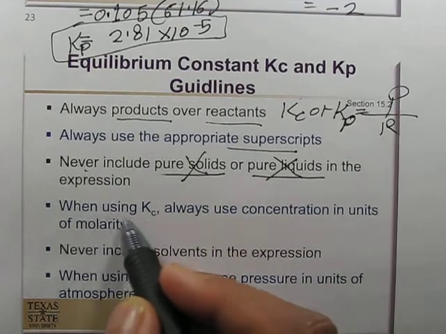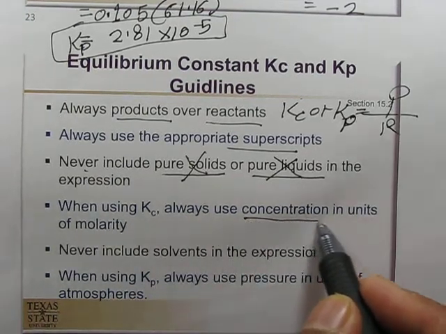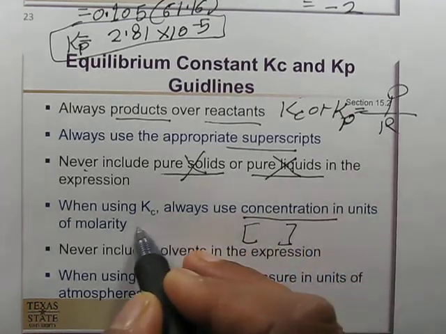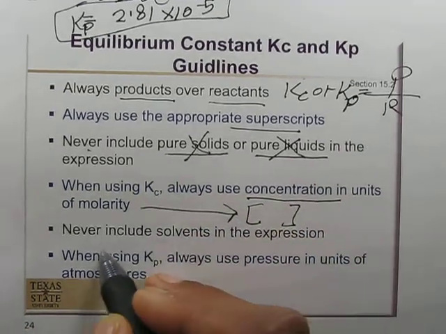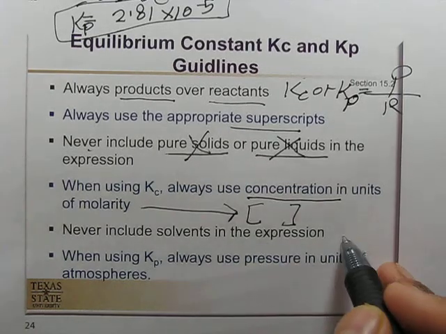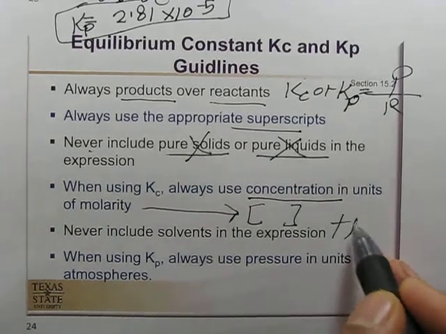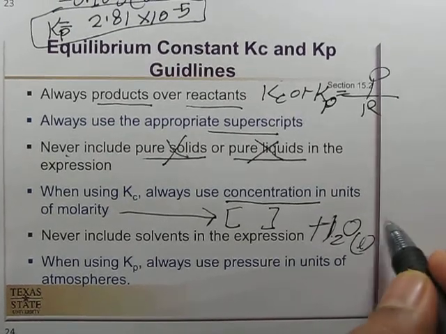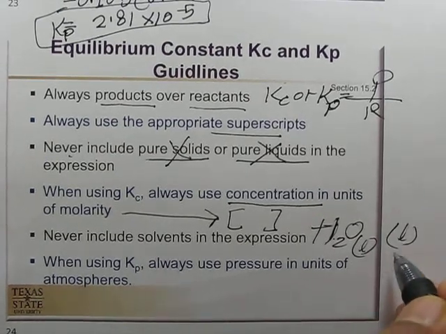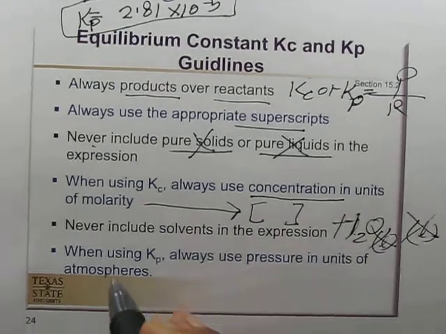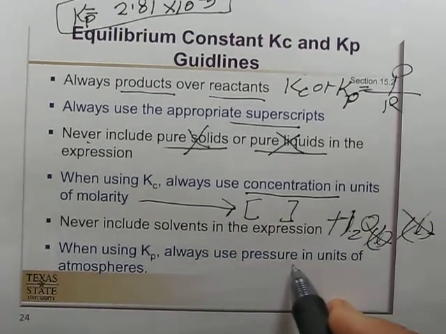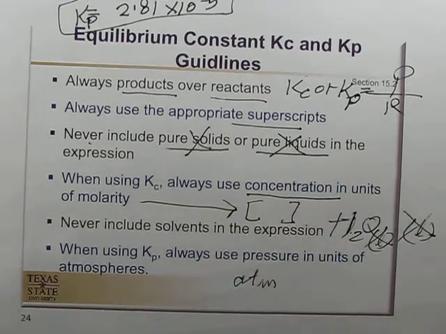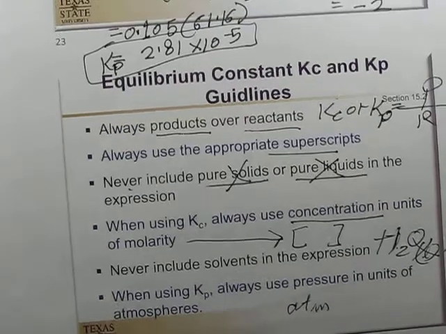When using Kc, always use concentration in units of molarity, so basically we use big parentheses, which means molarity. Never include solvent in the expression. If water is written like H2O with a small l, any such liquid solvent, never include it. Using Kp, always use pressure in atmosphere, right? So these are some important points.